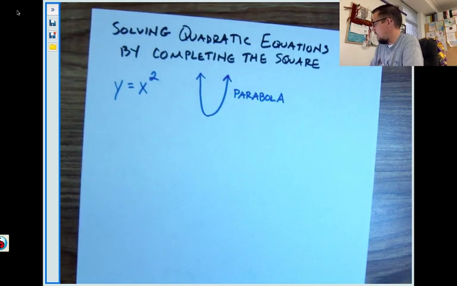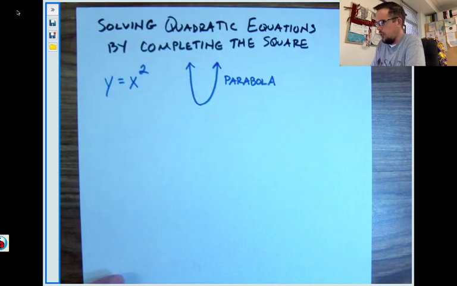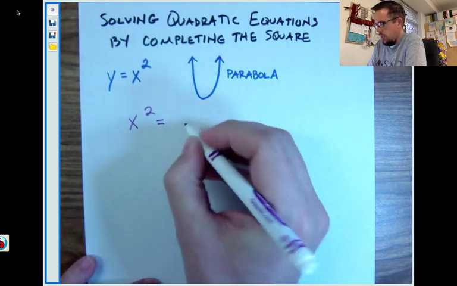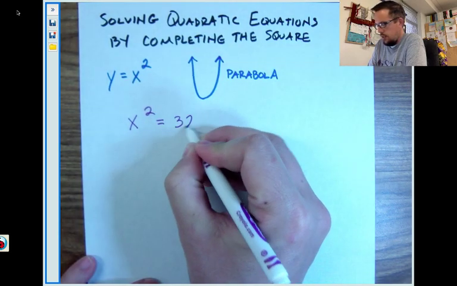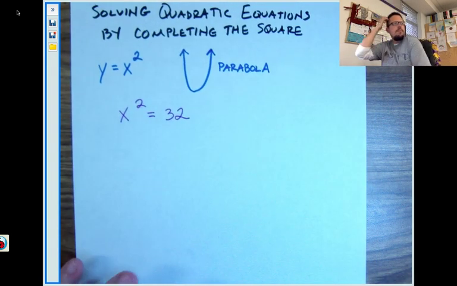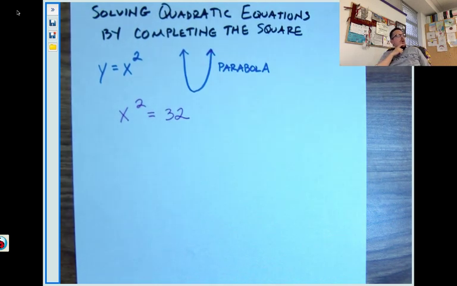So let's start off with a very basic, simple quadratic. X squared equals 32. When you have a problem like this where it's just x squared all by itself on one side of the equals, what procedure do I do in order to isolate the x? I square root both sides. Exactly right.